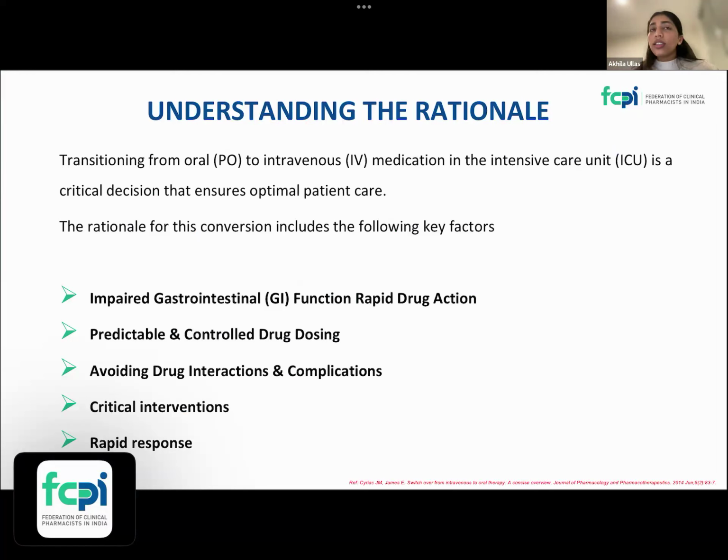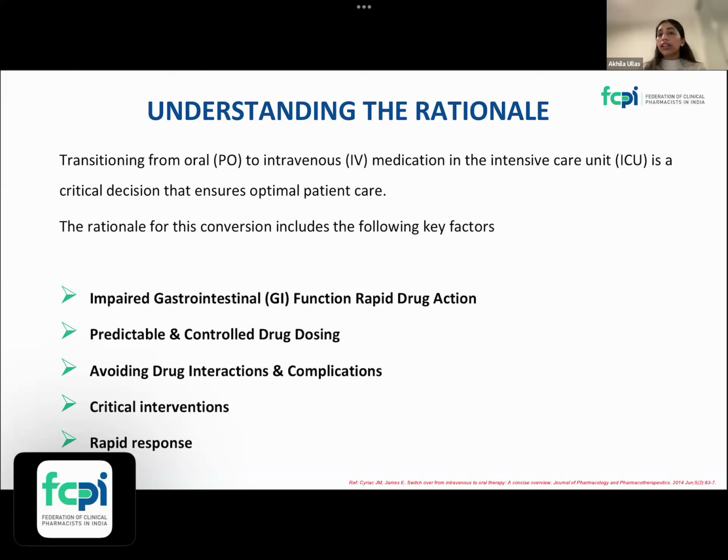And transition from oral to intravenous medications in the intensive care unit is a critical decision that ensures optimal patient care. The rationale for this conversion includes the following key factors. These are some of the reasons why you need to give IV medication to a critical care patient.